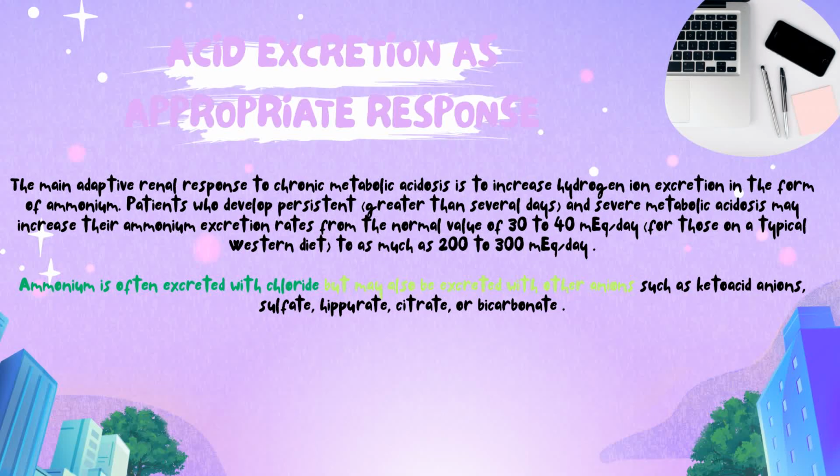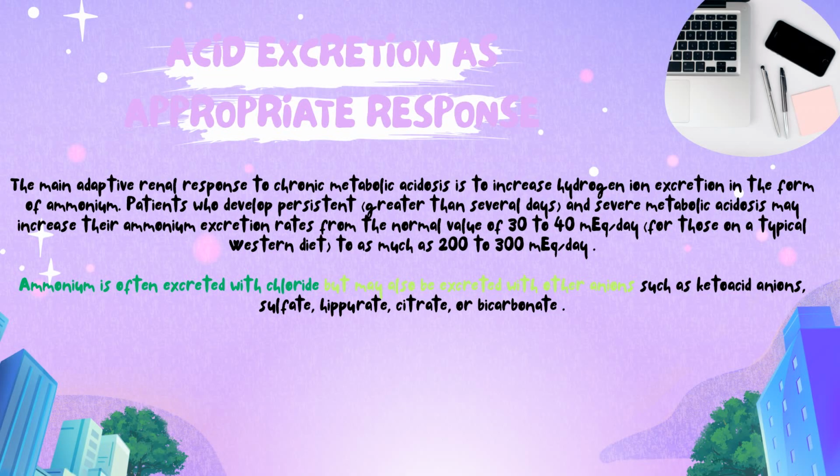Now coming on to the non-RTA causes, that is gastrointestinal or gut pathology causes. When you do have chronic diarrhea, you do lose bicarbonate and you have a metabolic acidemic state, and as an appropriate response, the body will try to excrete the acid, that is, the body will try to excrete hydrogen ions and ammonia combining into ammonium.